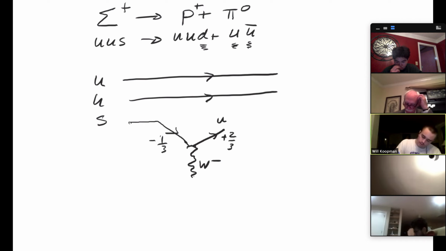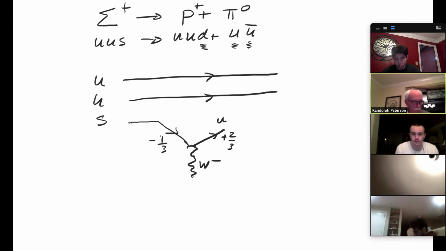Yes. And I believe that it goes like this. Okay, now just tip it a little bit to make it more like we know which way time is moving.